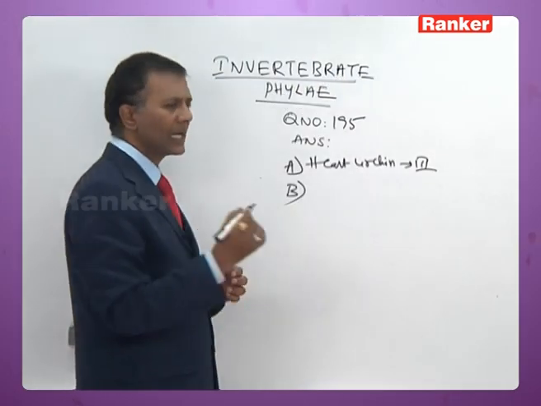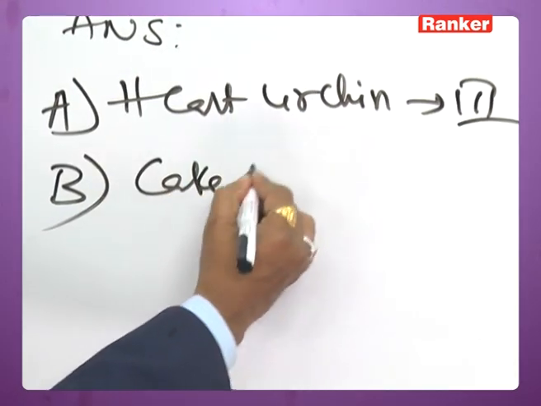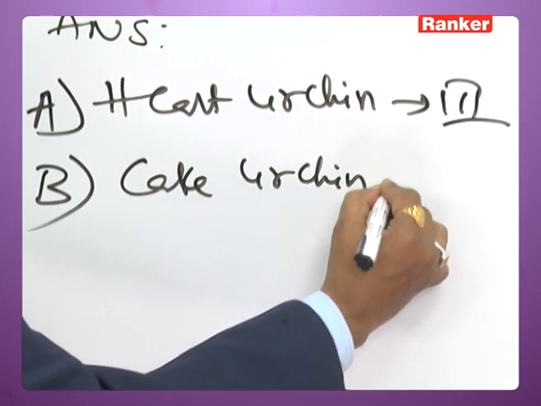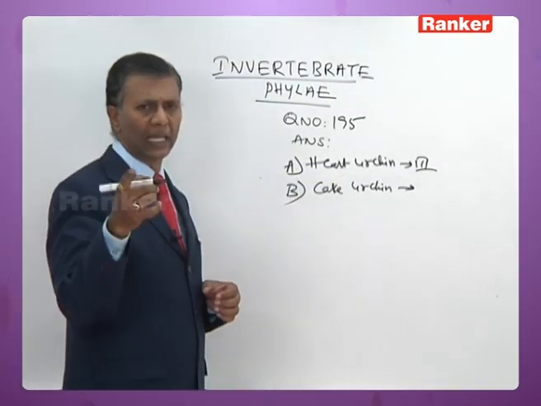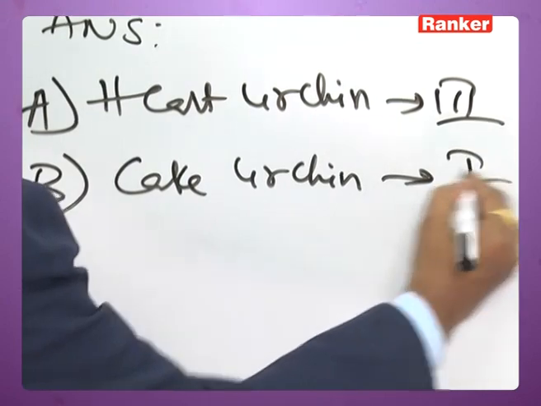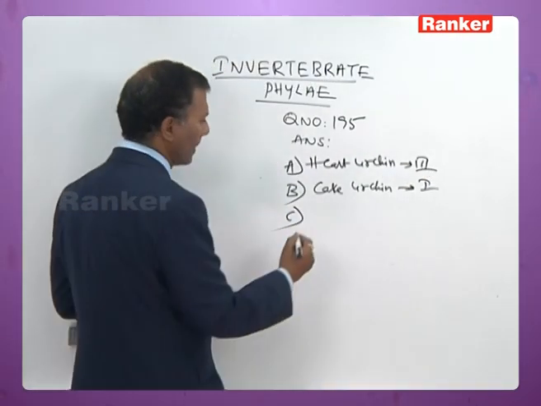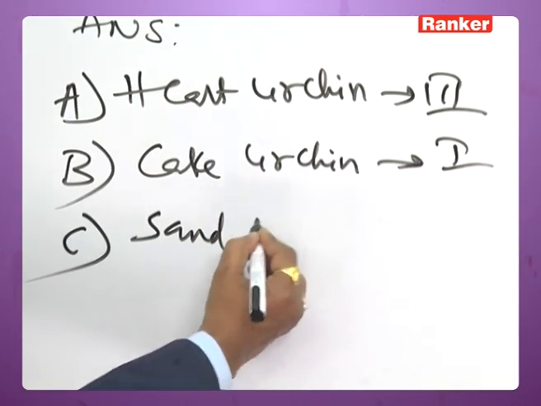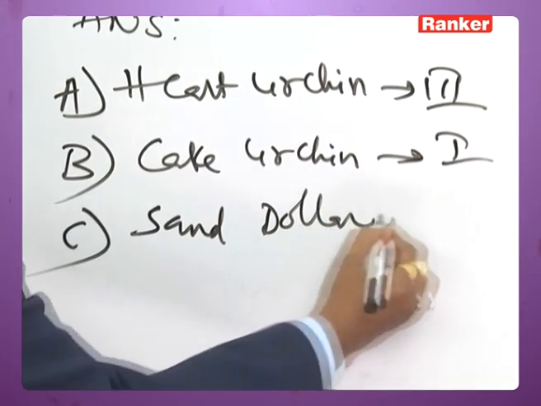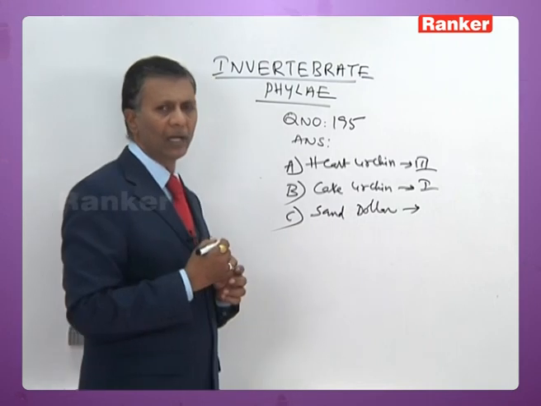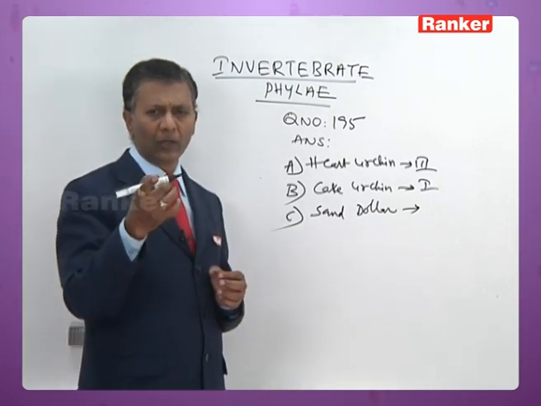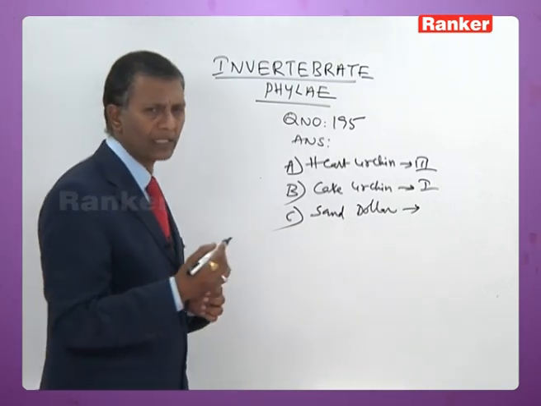B, cake urchin is given. Clypeaster is commonly called cake urchin. So the first option is correct. C, sand dollar. You have Echinodiscus, commonly called sand dollar.